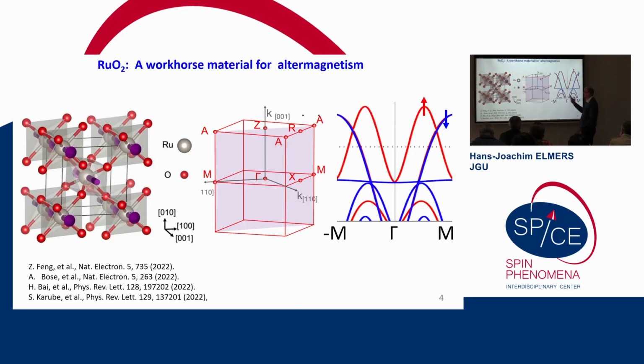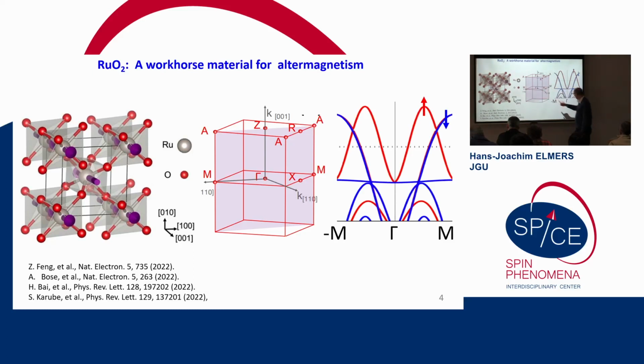Ruthenium dioxide is for us now the workhorse material for altermagnetic properties. Ruthenium dioxide has this crystal structure here in real space, and in reciprocal space you have this Brillouin zone here. The most interesting direction in reciprocal space is from the gamma point to the M point on this gray plane that you see here.